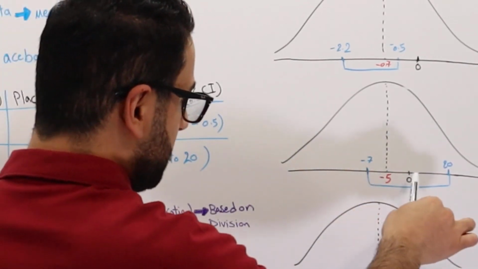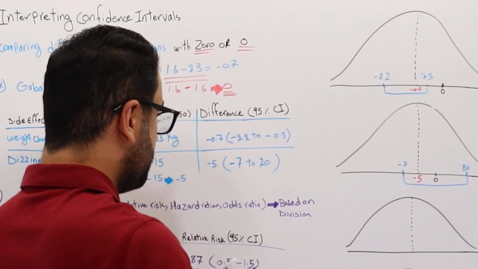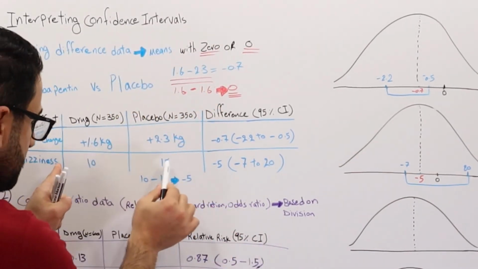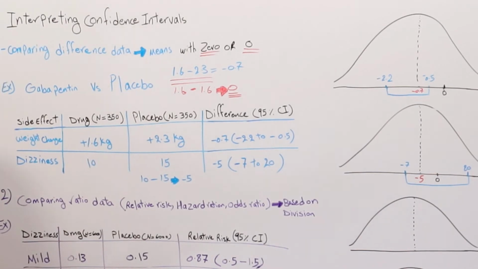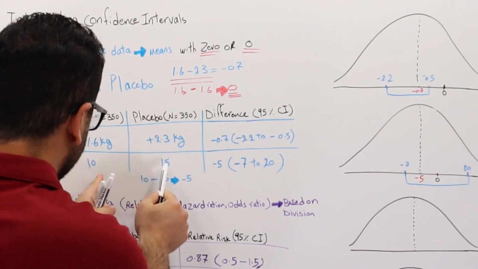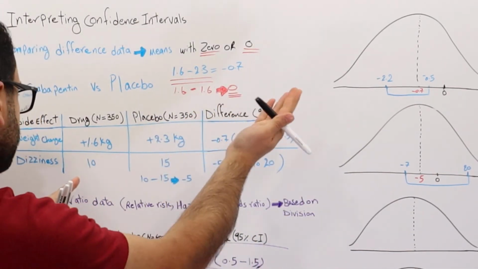Looking at this range, it does include 0. This means the difference between the two groups is not really statistical significant. So this is not a big difference when it comes to interpretation of statistical data.